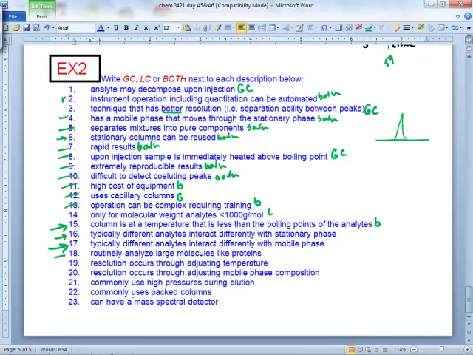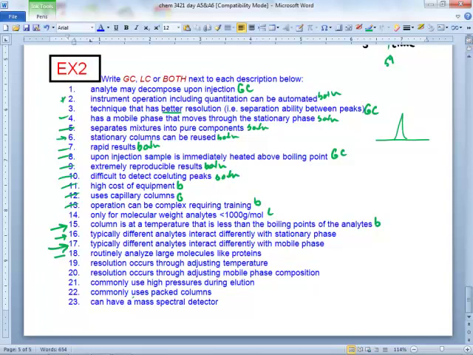You can routinely analyze large molecules like proteins. Miriam. Why is it LC? It's that darn molecular weight limit thing, right?